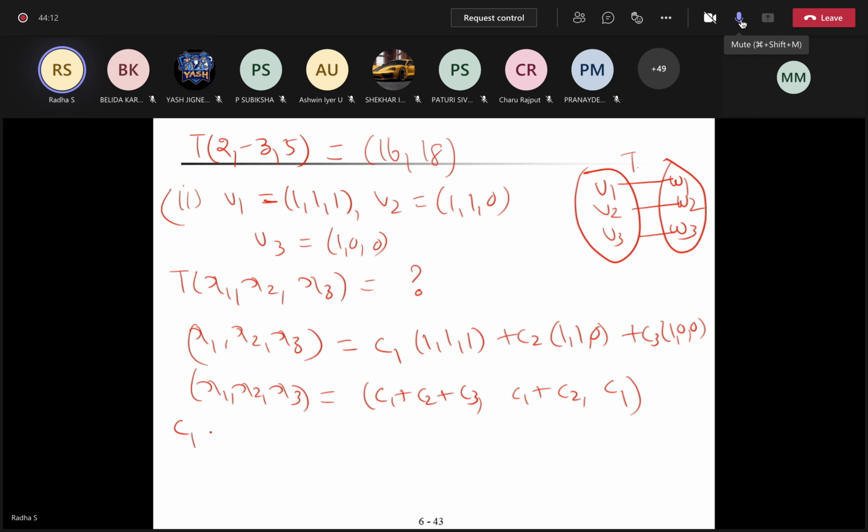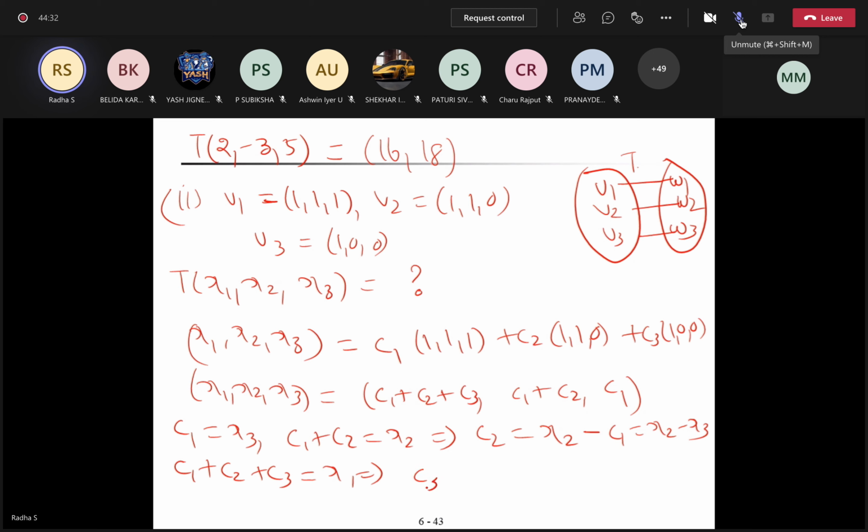c1 is x3. c1 plus c2 is x2, so c2 is x2 minus x3. And lastly c1 plus c2 plus c3 is x1, so c3 is x1 minus c1 minus c2.